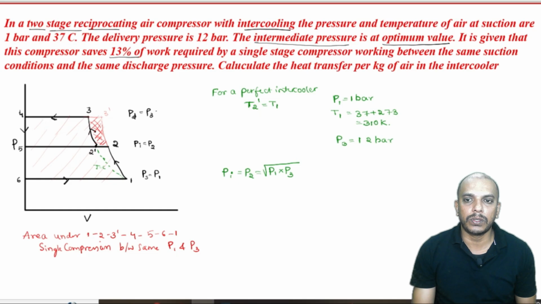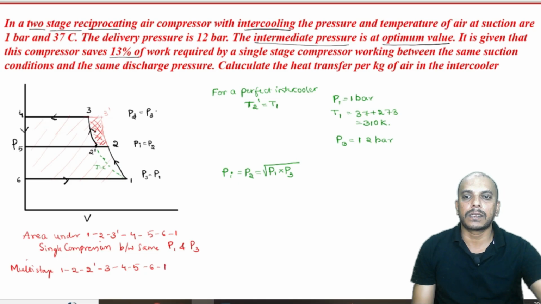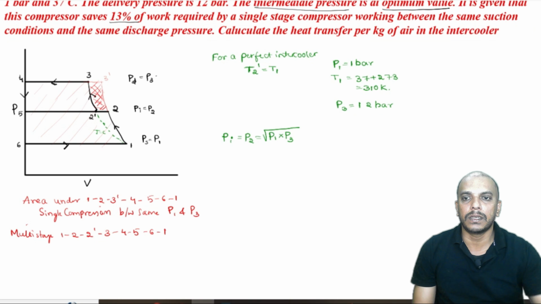Because now what we have done is 1 to 2, 2 to 2 dash. So, the multi-stage compression is 1 to 2, then 2 to 2 dash, 3, 4, 5, 6 and then back to 1. Now, area under this curve is relatively smaller. How much is that? That is what this hatched area is showing. Now, this is what he is saying, that this is 30% less. I mean, if we do the same compression by a single stage, we would consume 30% more work compared to the multi-stage compression with intercooling.